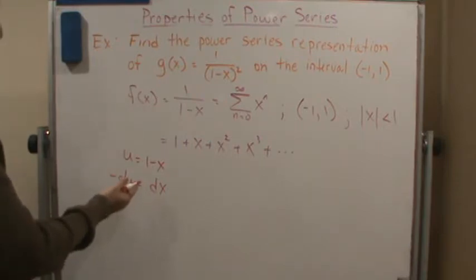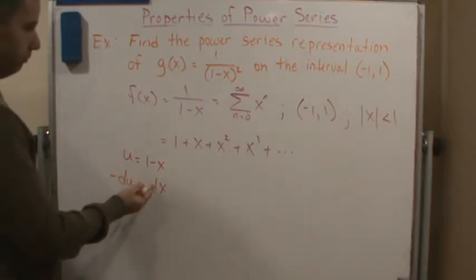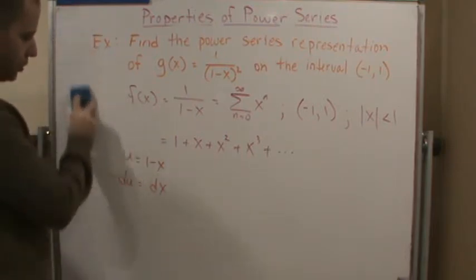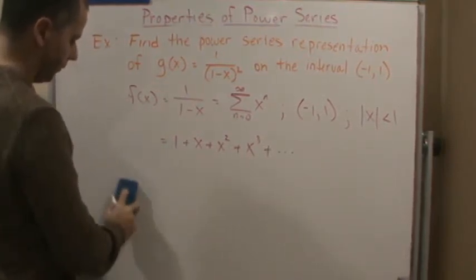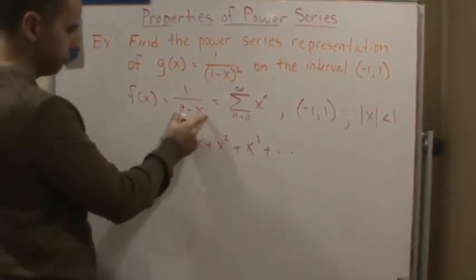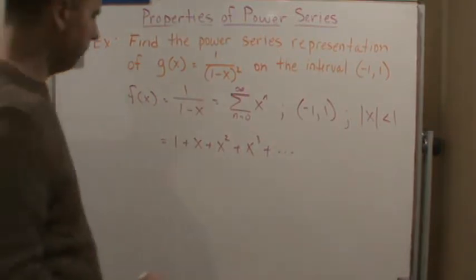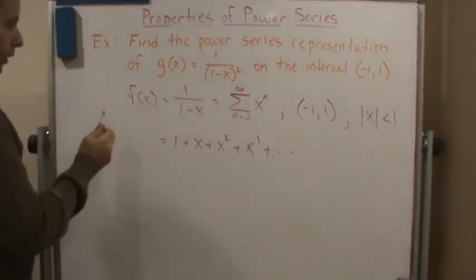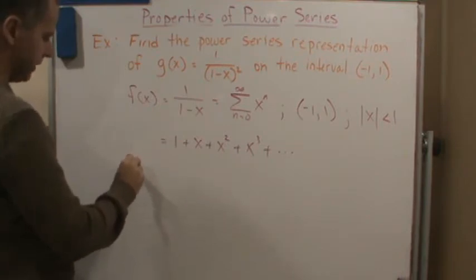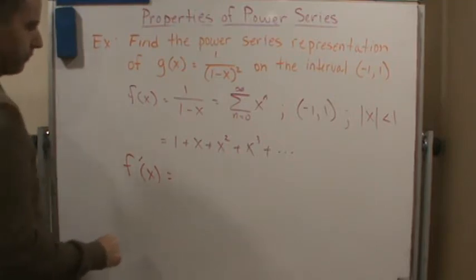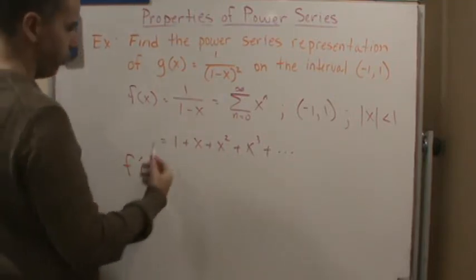So then you can use the chain rule. You can do a u substitution here, or you can just use the chain rule without the u substitution. In any case, if I take f prime of x, then what am I going to get?